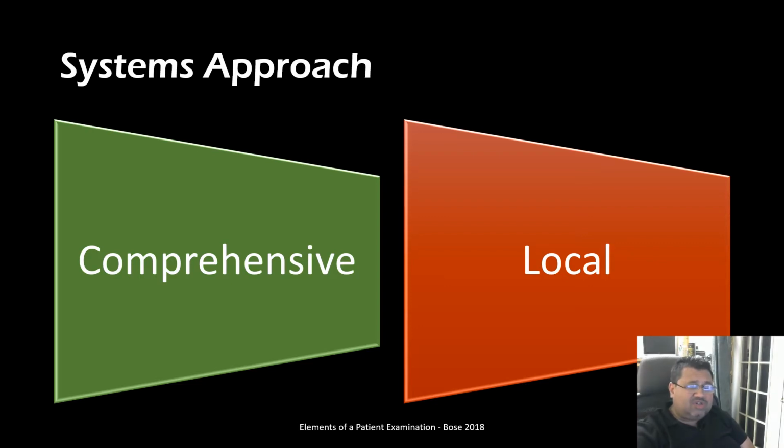Now, you may not need to do a full comprehensive systems review if it is a general patient on a general day. The reason is that a comprehensive systems review is usually done for critically ill patients, mostly in hospitals, and in that place it's better to do a systems approach. But in a general outpatient based scenario, or even most other rehab settings, you can get away with a local examination of only one to two, maybe three systems, the ones that are ratified by the American Physical Therapy Association.